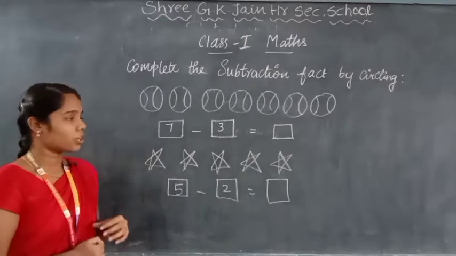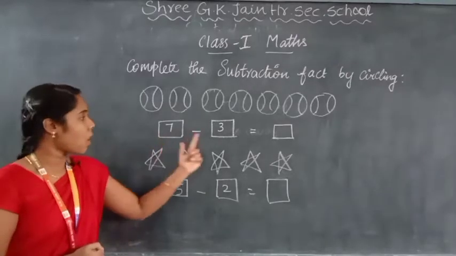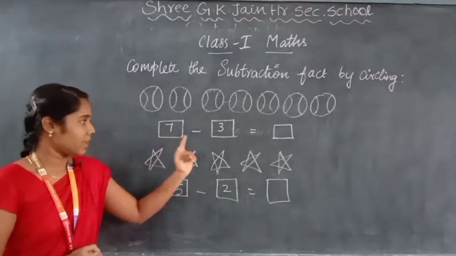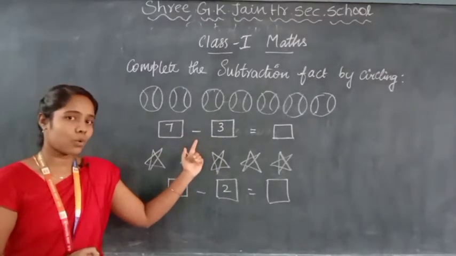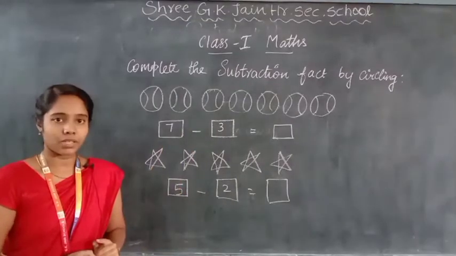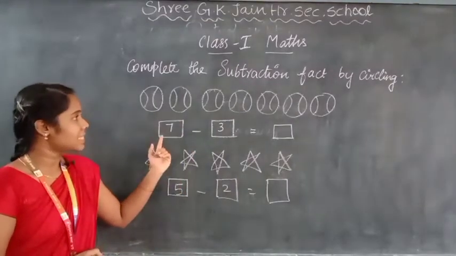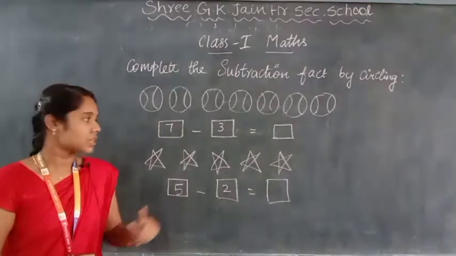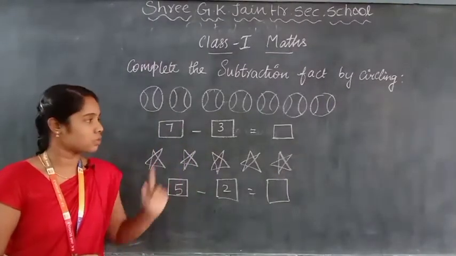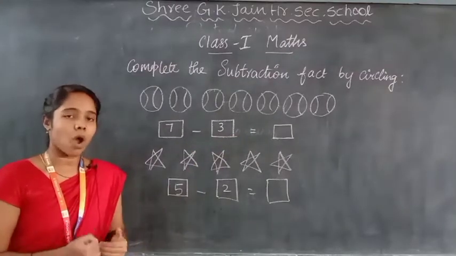Here they have already given the subtraction fact: 7 minus 3. What is the symbol for subtraction? Minus. So already 7 balls are here, and we are going to subtract the 3 balls from it. So what will be the answer?